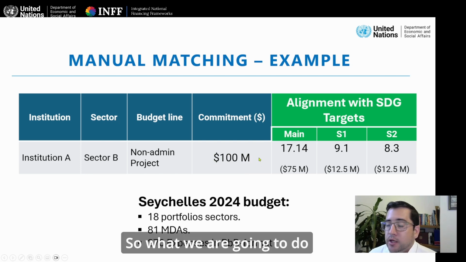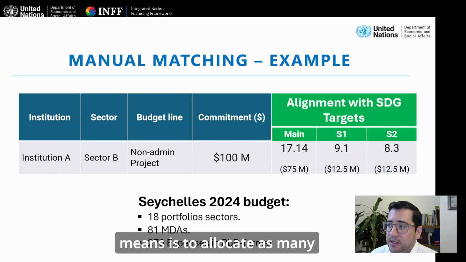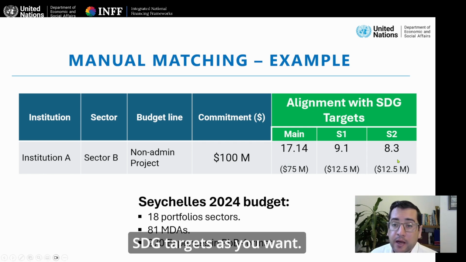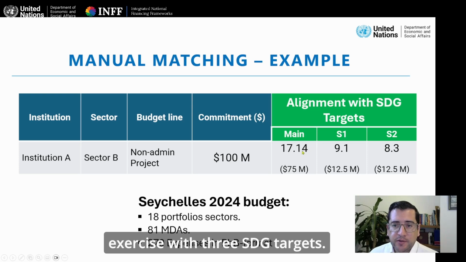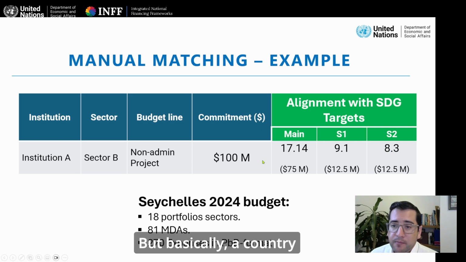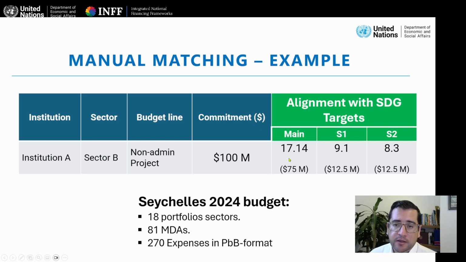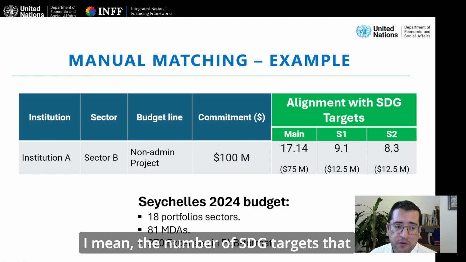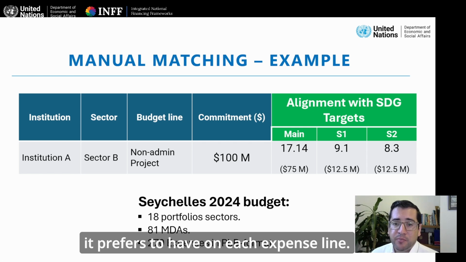What the tagging actually means is to allocate as many SDG targets as you want. We're going to cover this exercise with three SDG targets, but basically a country, Seychelles, can choose the number of SDG targets that it prefers to have on each expense line.